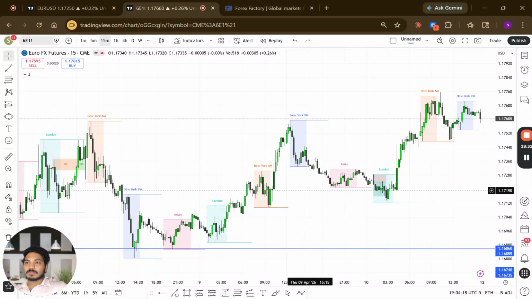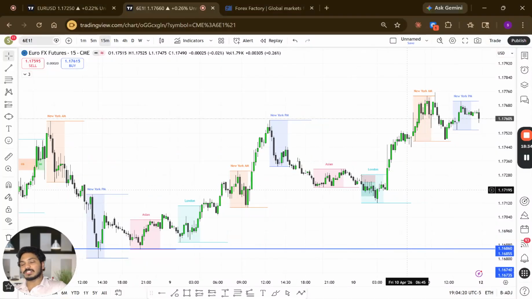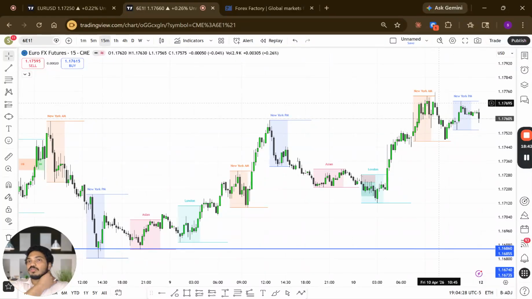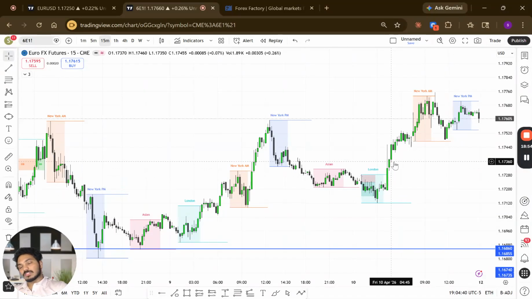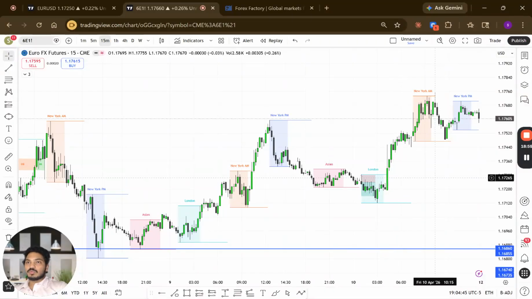As you already know, the Asian session is marked with pink, London with sky blue, orange, and New York with a dark blue shade. These are not entire time frames, these are session kill zones where we expect the price to be highly active and volatile.